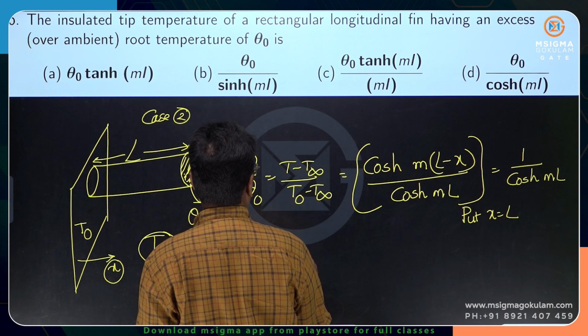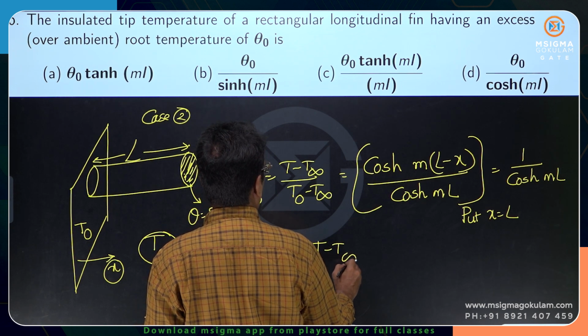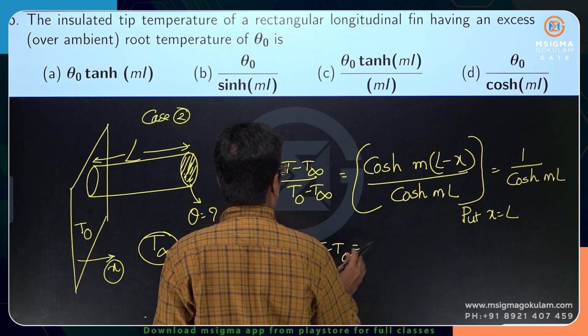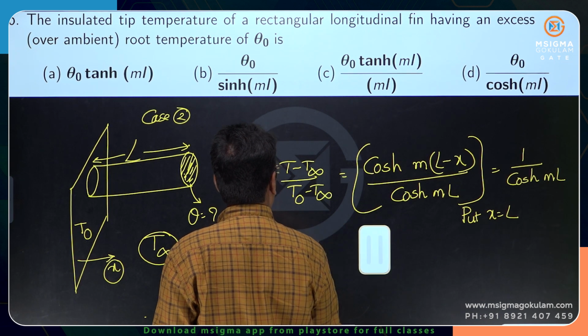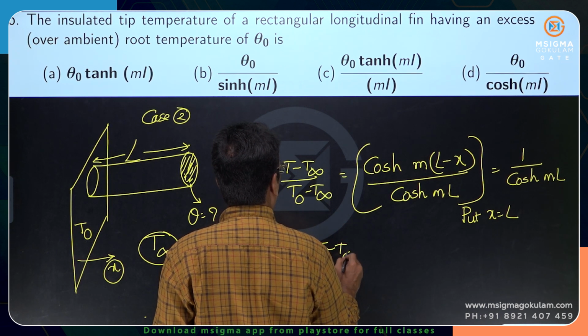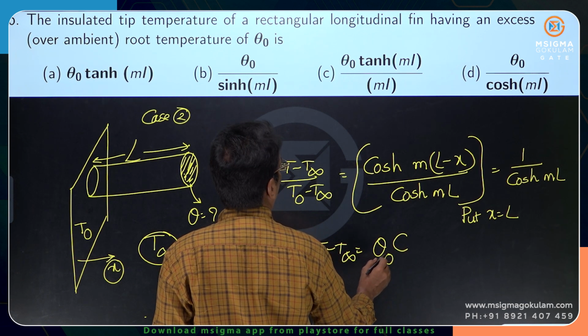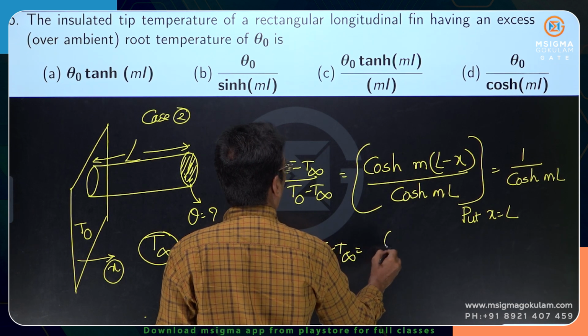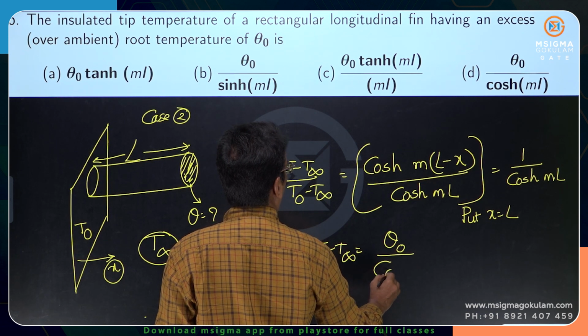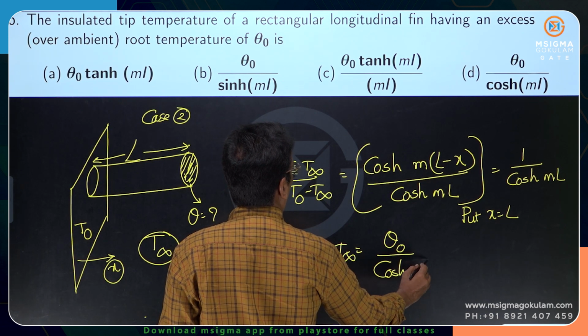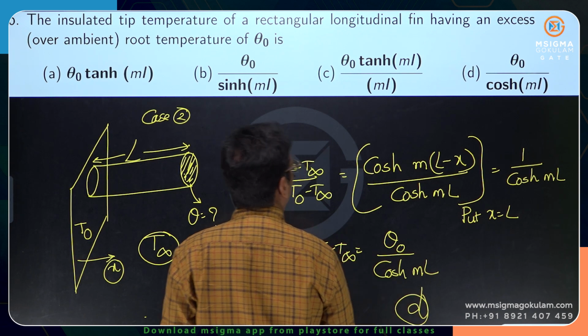Therefore, theta is equal to theta naught by cosh mL. Answer is D.